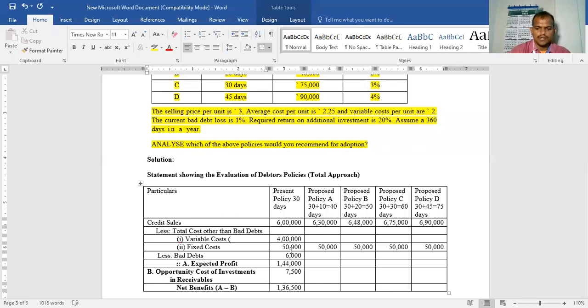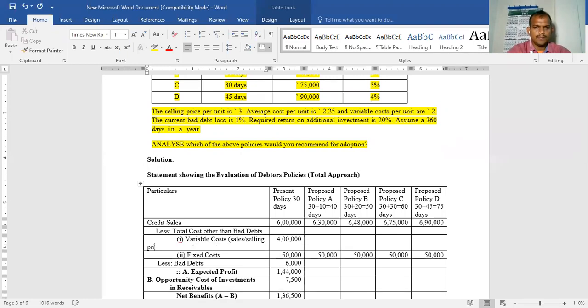I'll just mention here: sales by selling price into variable cost per unit.